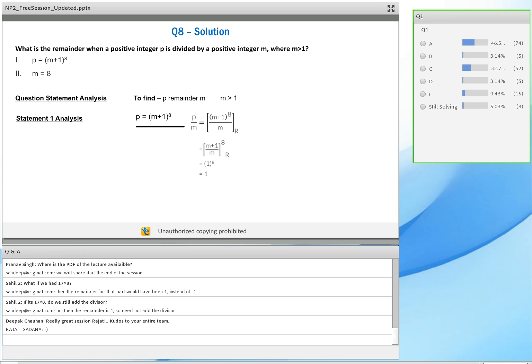We get (m plus 1) to the power 8 divided by m, and the remainder of this, as we've seen, is the remainder of (m plus 1) by m, raised to the power 8. That remainder is 1 to the power 8, so the remainder is 1. Which means statement 1 does give the answer.